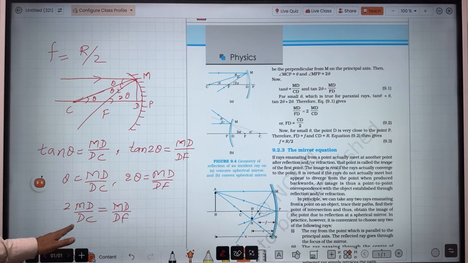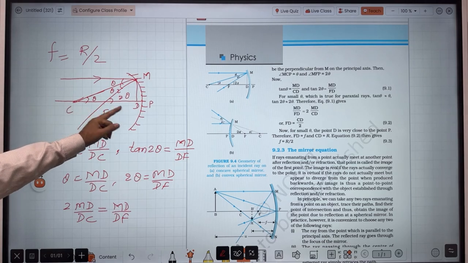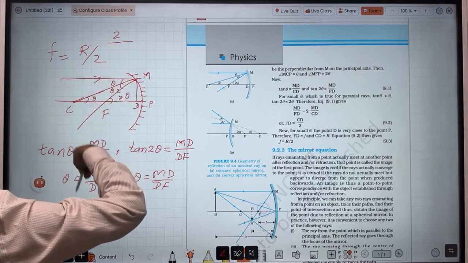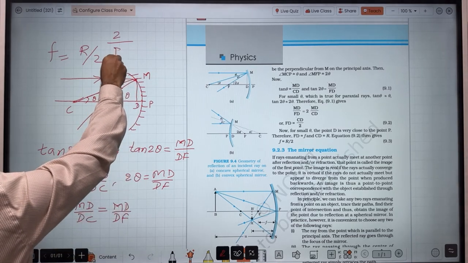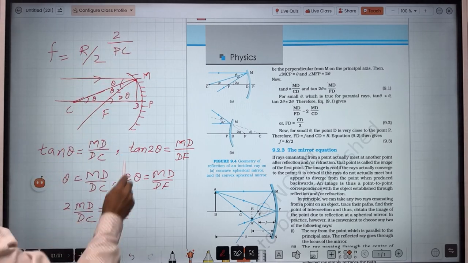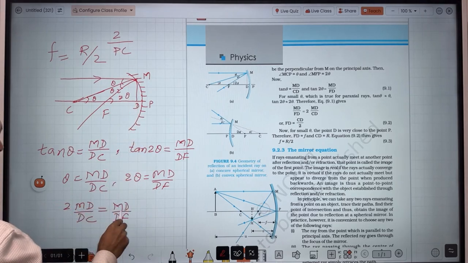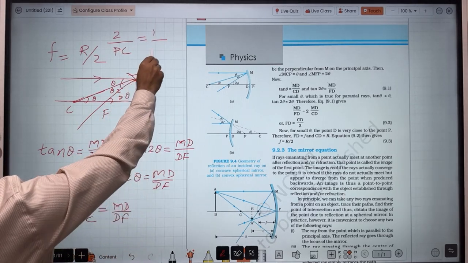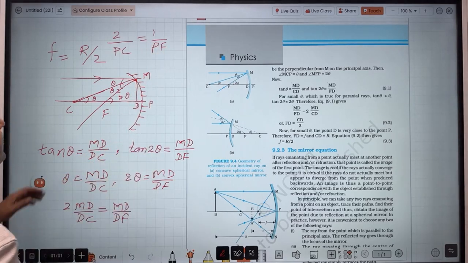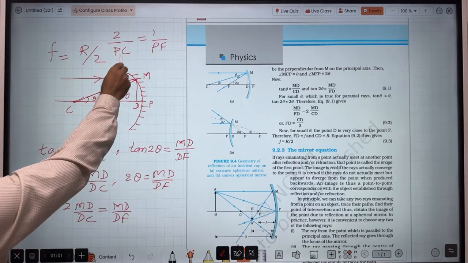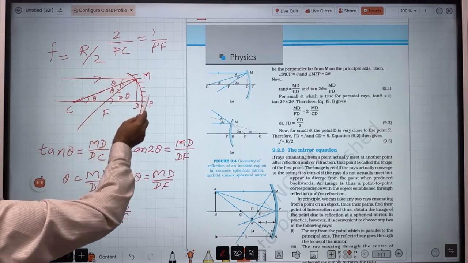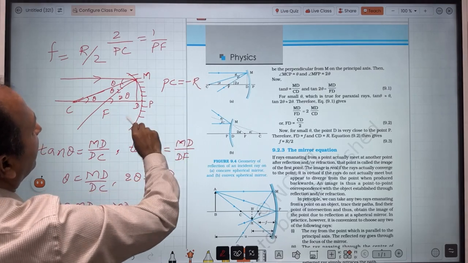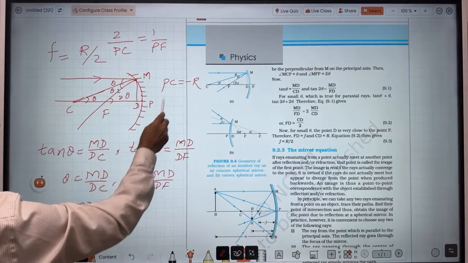Right? Up to here there is no problem. MD will cancel out, and DC can be taken as PC. So we just write PC in place of DC, and this will become 1 upon DF. DF we can write as PF. Now if we use the sign convention, PC is the radius of curvature, so PC can be written as either minus R or minus 2F.